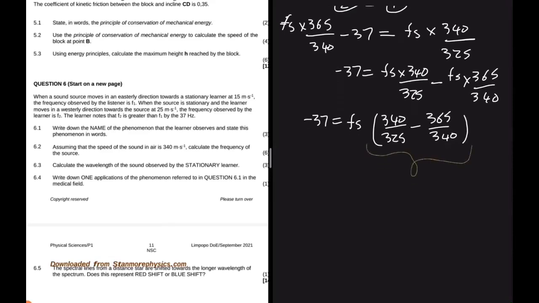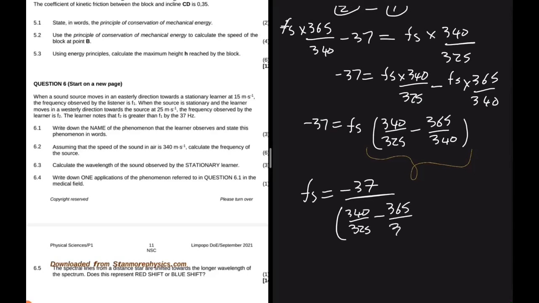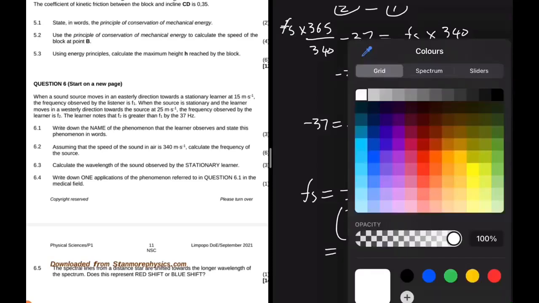And we get Fs. So Fs is equal to minus 37 divided by the expression, which is 340 divided by 325 minus 365 divided by 340. And then if you put this in your calculator, you're supposed to get the value of Fs.